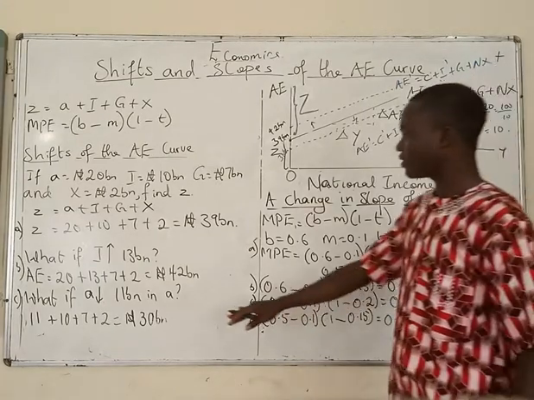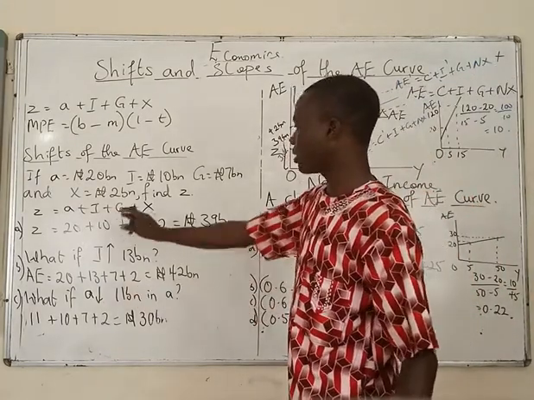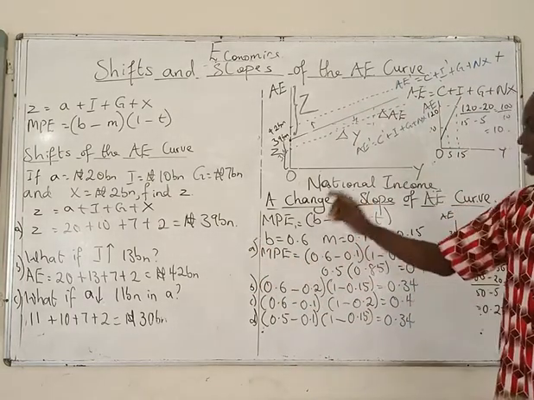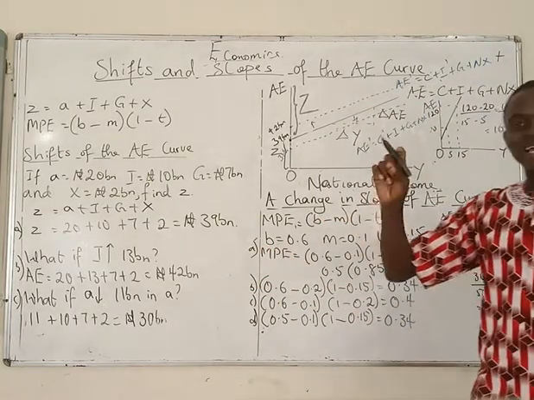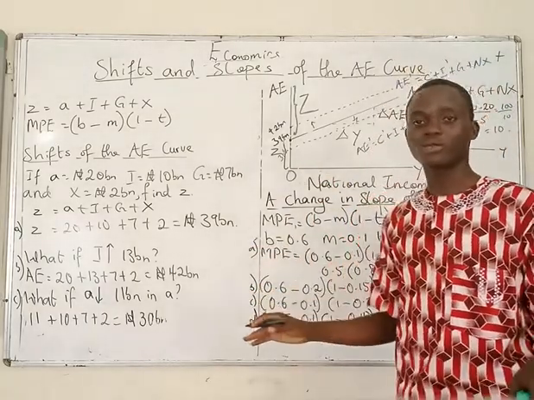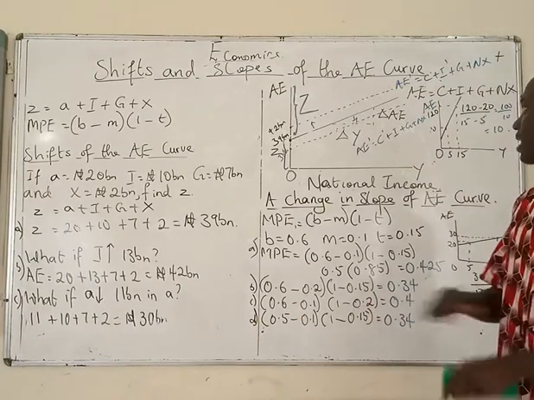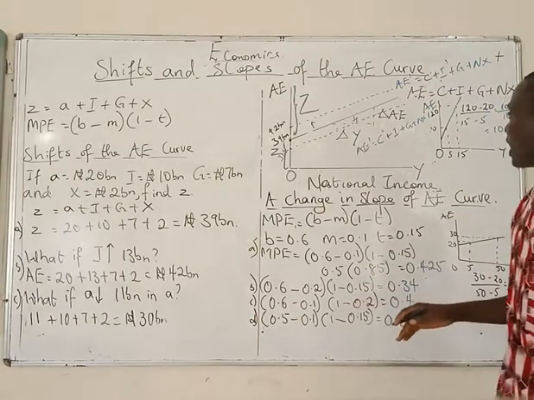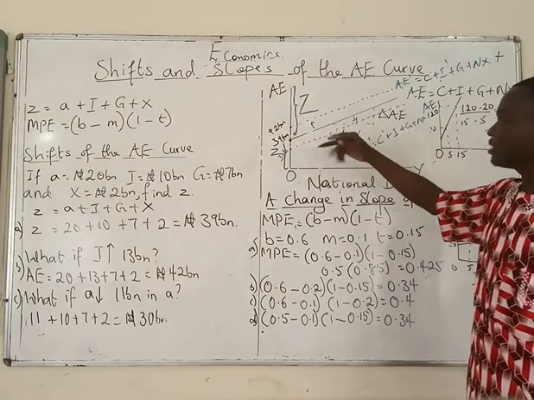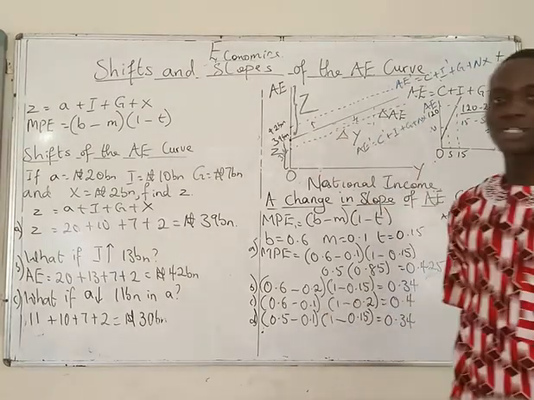Now look at it when we have a decline, when A reduced from 20 to 11, that's a 9 billion decline. So that 9 billion decline is going to represent an exact 9 billion decrease in the entire value of the aggregate expenditure, and that is why from 39 this is reducing to 30. So there's going to be a downward shift of the aggregate expenditure function.